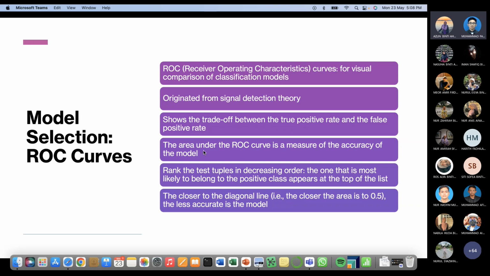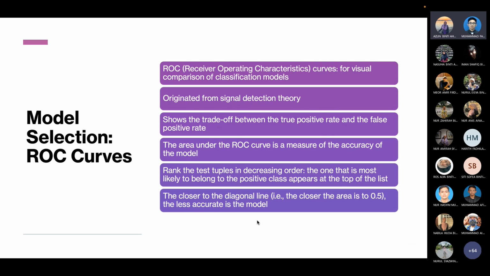The area under the ROC curve is a measure of the accuracy of the model. Rank the test tuples in decreasing order: the one most likely to belong to the positive class appears at the top of the list. The closer to the diagonal line, the less accurate the model is.